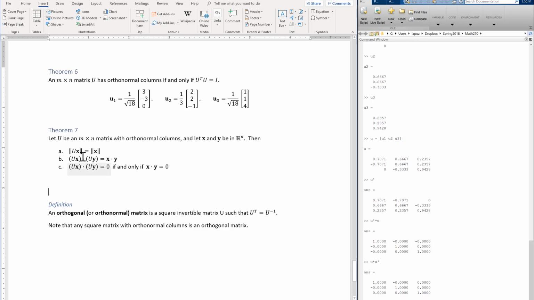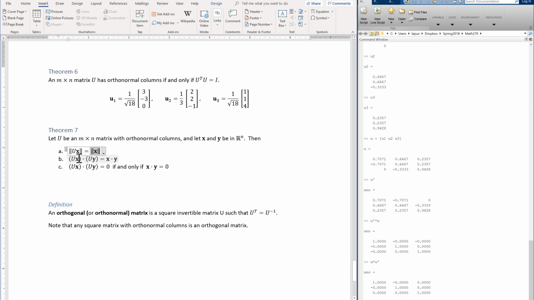Let's backtrack to Theorem 7. It says here that if U is an m by n matrix with orthonormal columns and x and y are vectors in Rn, then the length of U times the vector is equal to the length of the vector itself.